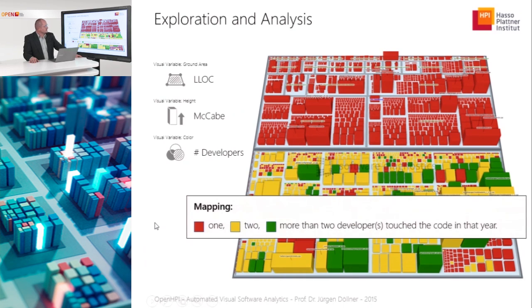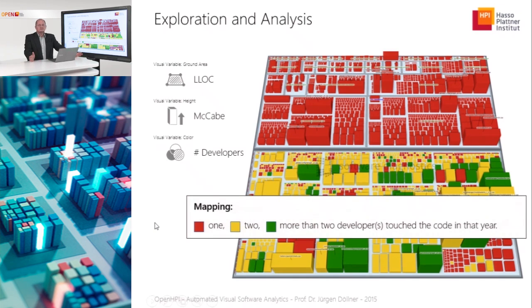So what we can easily identify is that a large part of the system, counting the red and yellow blocks, is known to only 1 or 2 developers, and this is generally considered to be a big risk because only few people know and operate on a large part of a system's implementation.